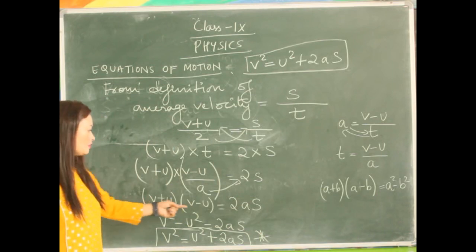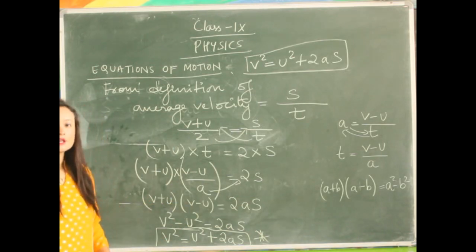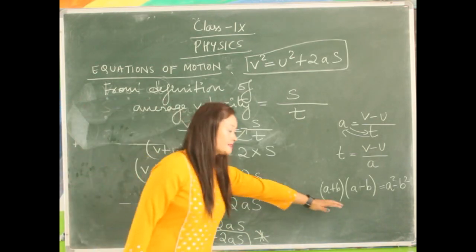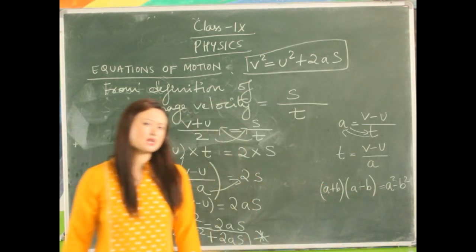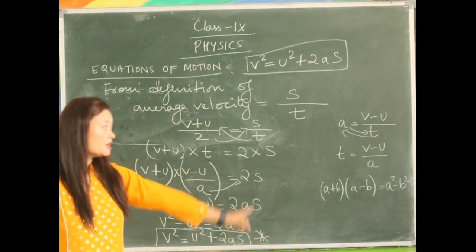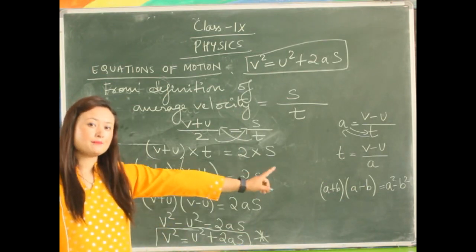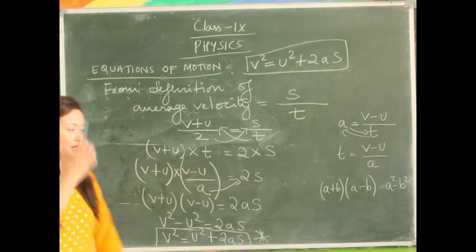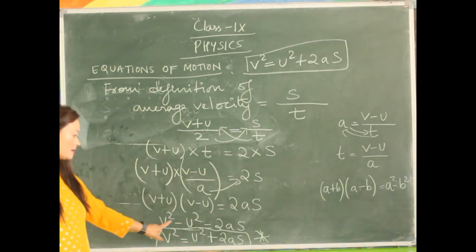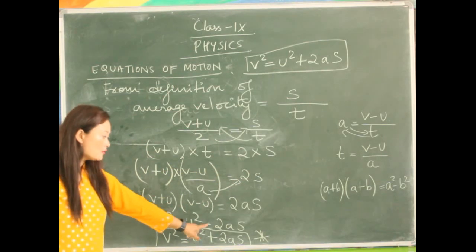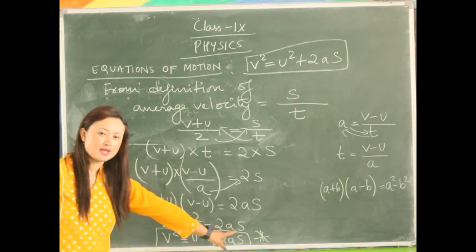Now (v plus u) into (v minus u) is the algebraic identity which we have, (a plus b) into (a minus b). And what's (a plus b) into (a minus b)? The formula is a square minus b square. So instead of (v plus u) and (v minus u), we write v square minus u square, which is equal to 2as.